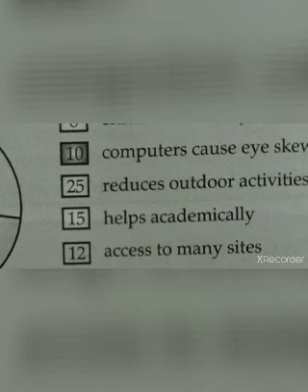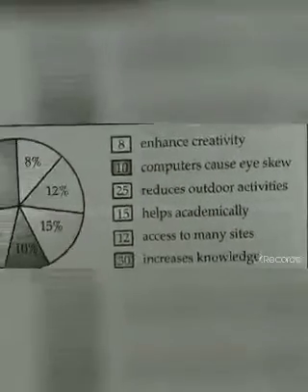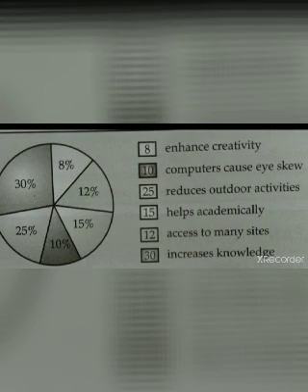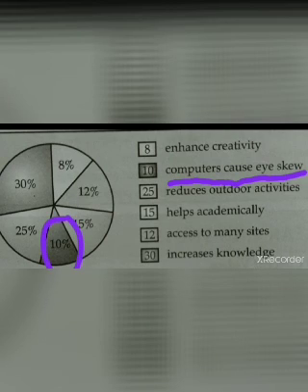And the next one in that pie chart, you can see another thing, that is 10%. 10% means computers boost IQ. 10% of children, when they use computers, boost their IQ. The first one is for 8% of the children: it can enhance creativity, that develops their creativity.